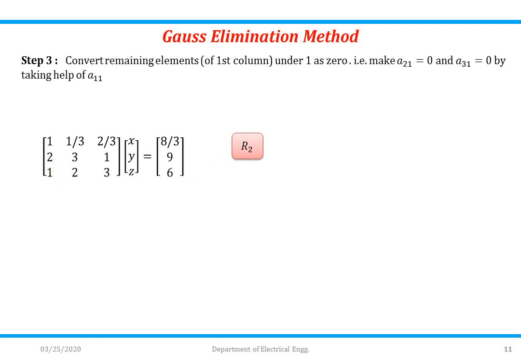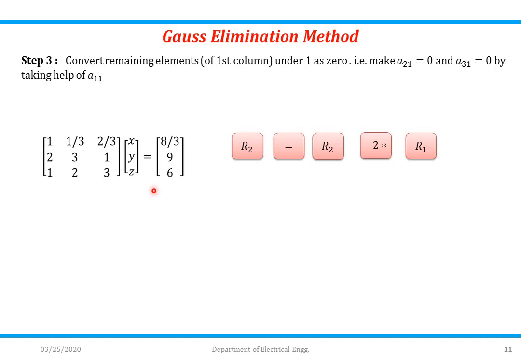I have written here R2 equal to R2. For this column 1, I have to take the help of this element, which is at row 1, so I can write row 1. Now what is the value at row 2 here? This is plus 2, so you can write here minus 2. So the formula to make this element 0 is R2 equal to R2 minus 2 into R1.